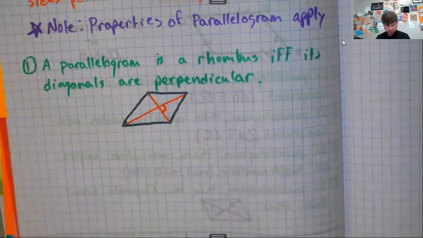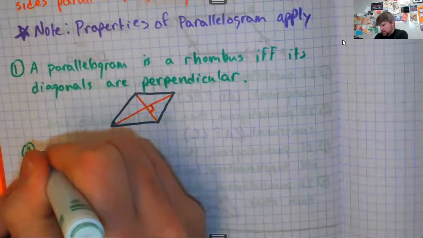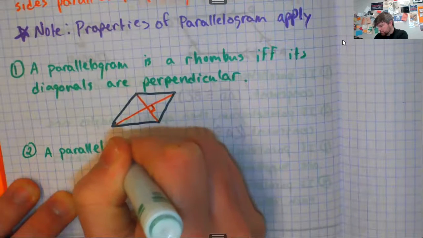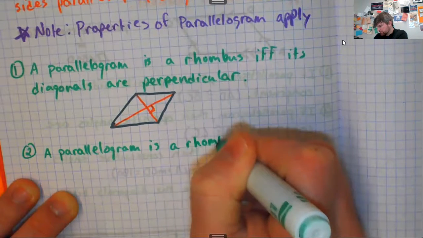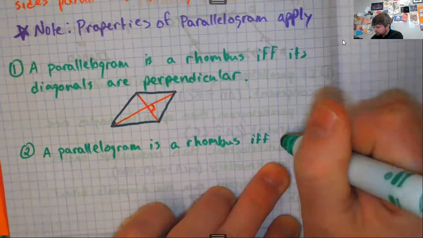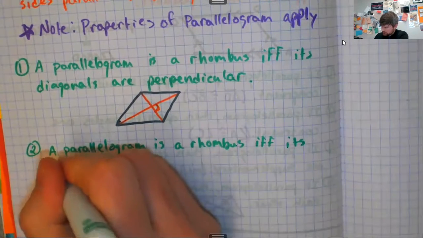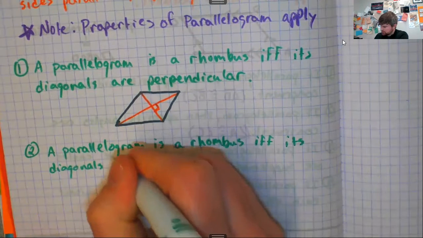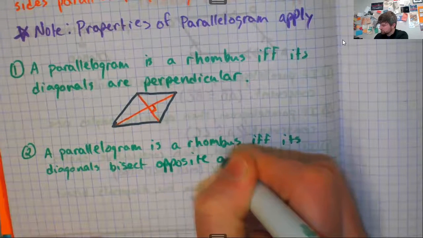Okay, number 2, a parallelogram is a rhombus if and only if its diagonals bisect opposite angles.